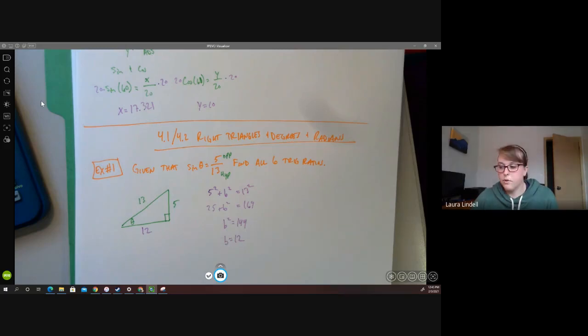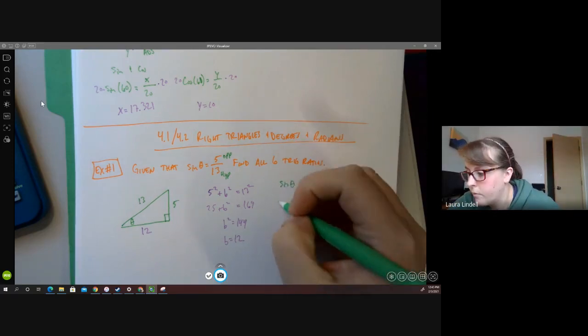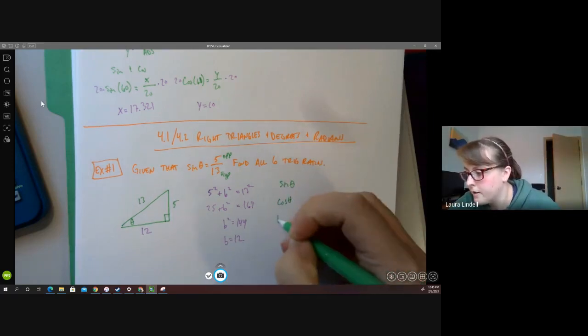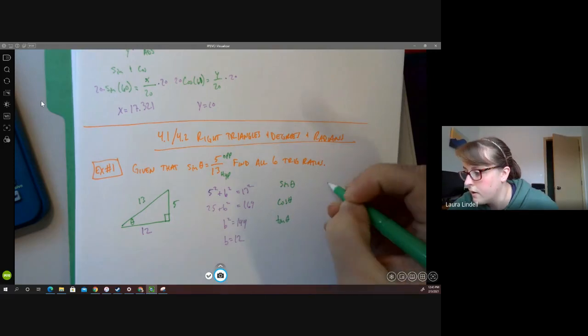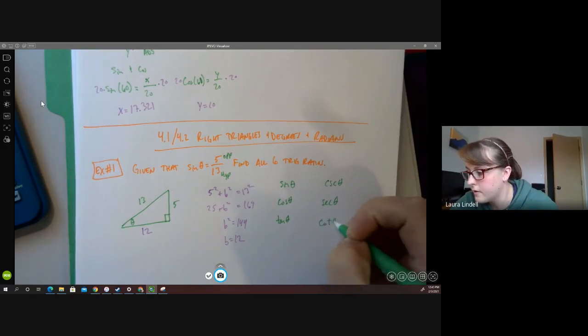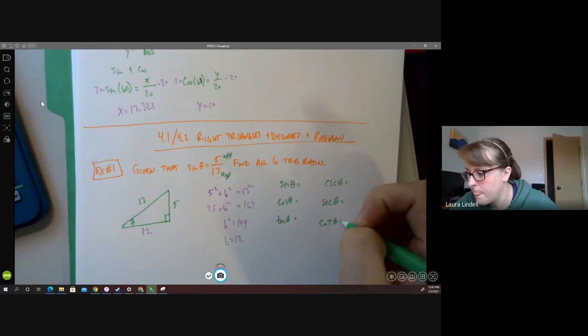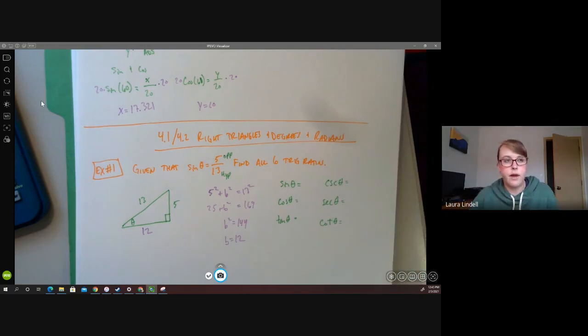All right, so then we're looking for all 6 trig ratios here. So we already have sine. We need cosine, tangent, cosecant, secant, and cotangent. Okay, so now that we have all 3 sides, go ahead and fill in the rest of the trig ratios.